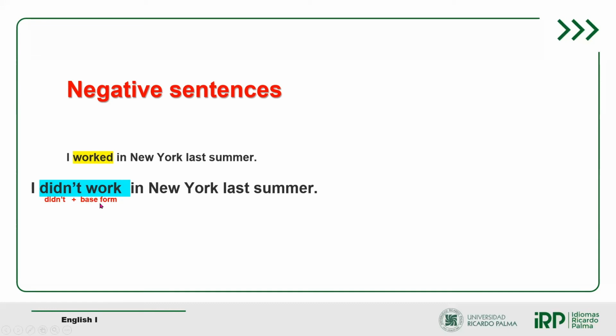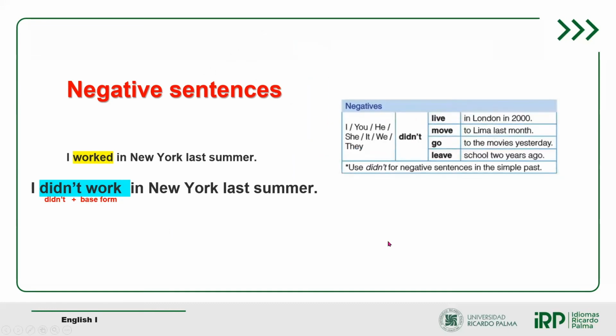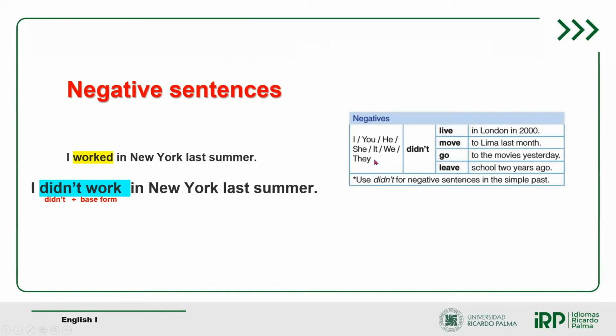I don't change it. As you can see, I'm going to use didn't with all the subjects. Doesn't matter if I'm working with he, with they, I will use didn't for all my subjects. And always my verb will not change.